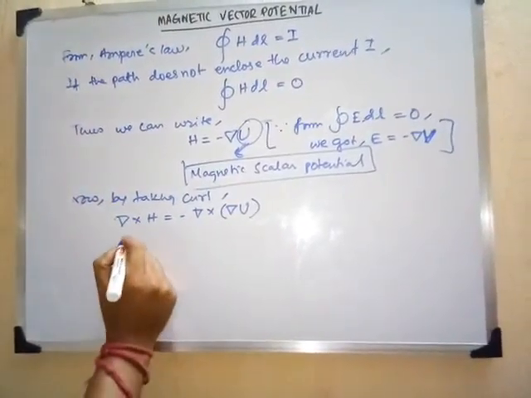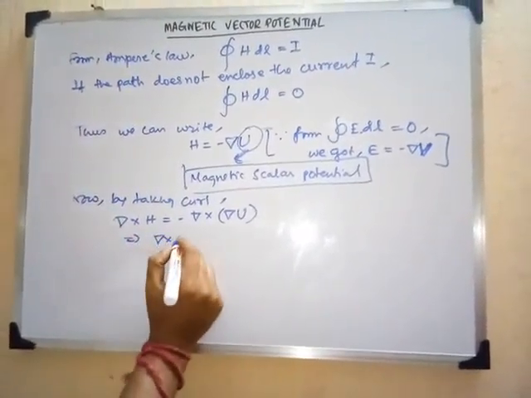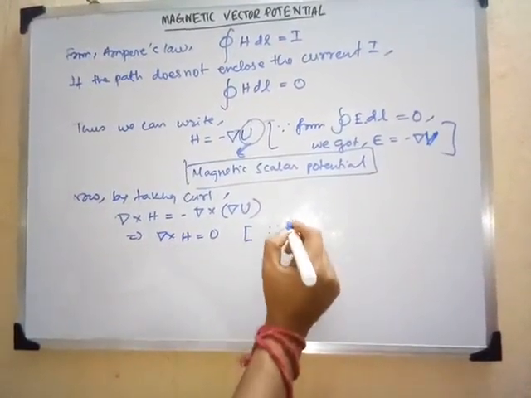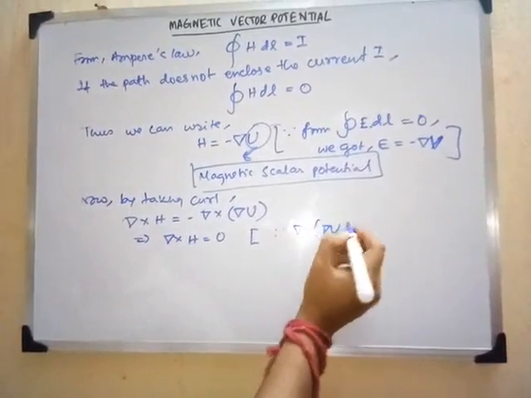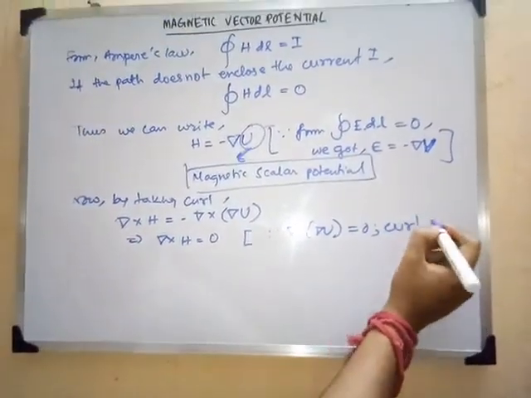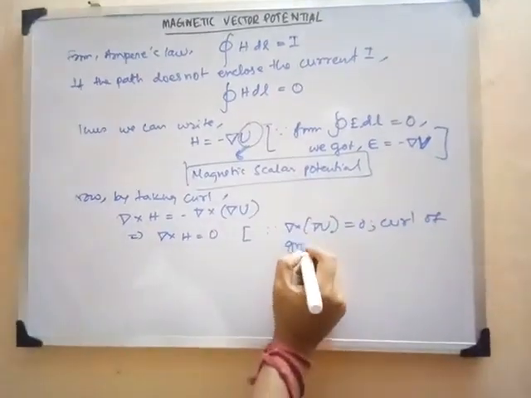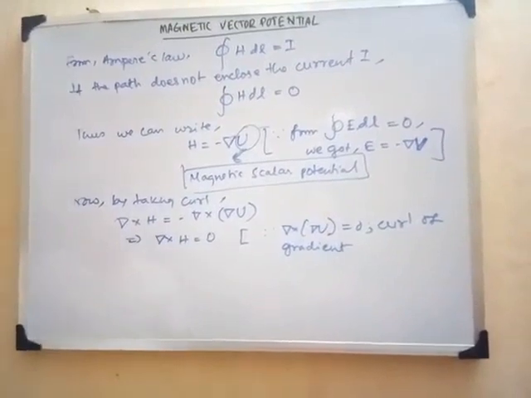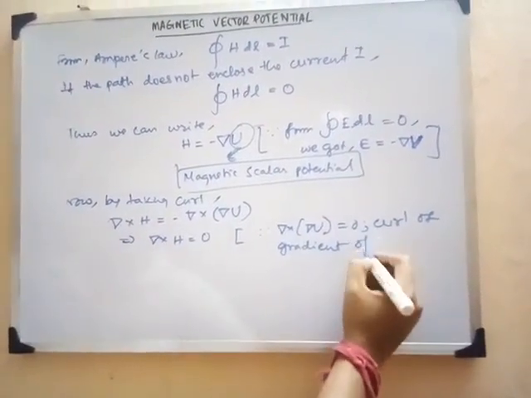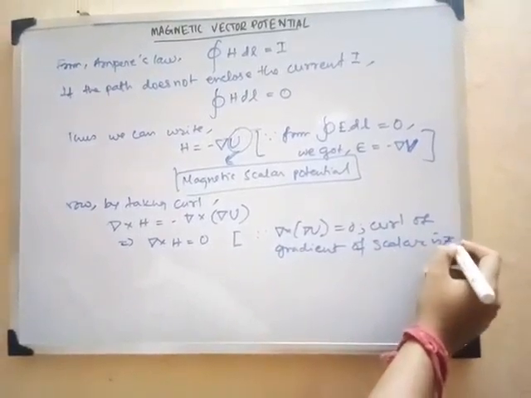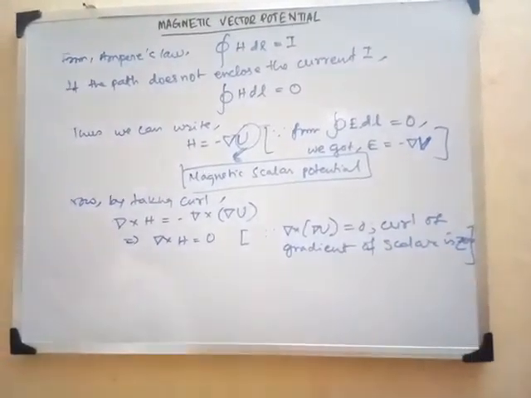So from here we can write that del cross H will be equals to 0. Why? Because del cross del U is equals to 0. That is also the reason: curl of gradient of any scalar quantity is 0. So that was the reason.